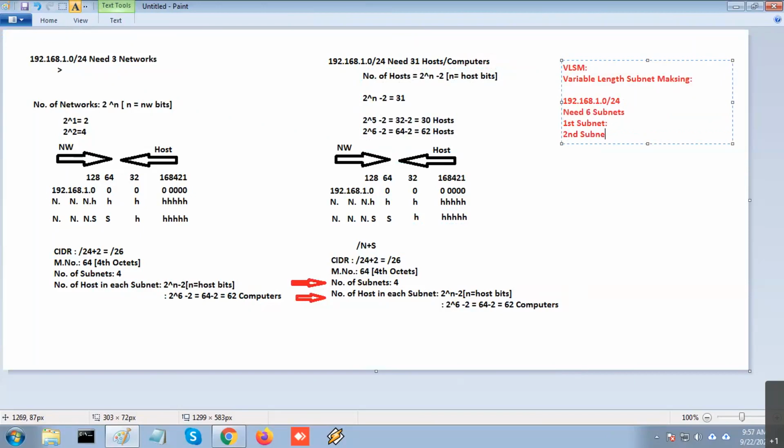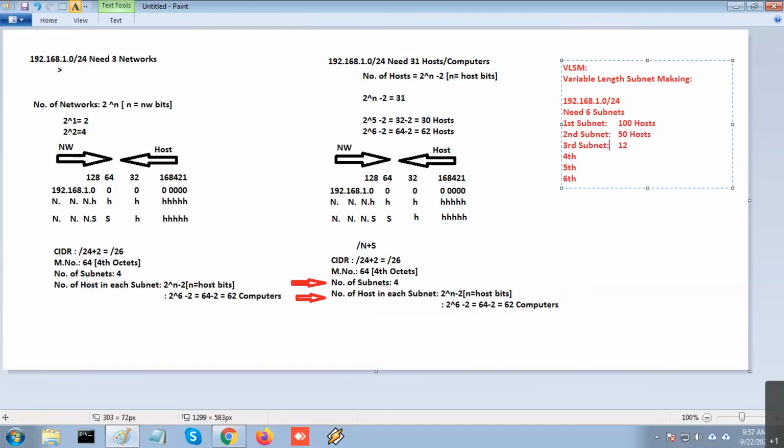Now see, the first subnet he says I need 100 hosts. Second subnet, different projects, right? Different numbers of hosts are there. I need 50 hosts. The third subnet says I need, for example, 12 hosts.